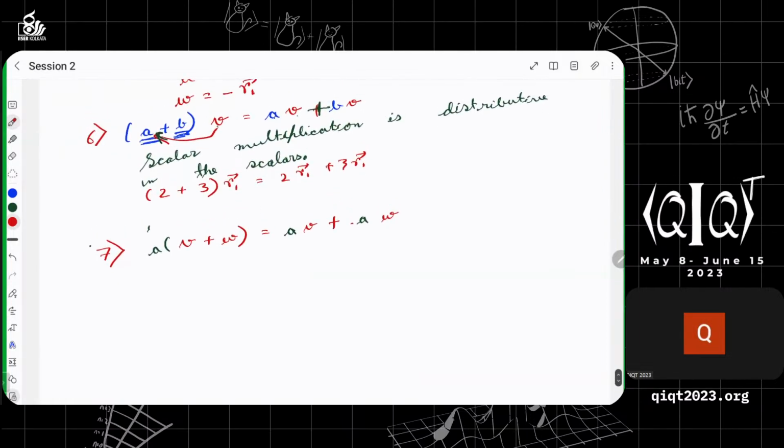And here, this means that scalar multiplication is distributive in the vectors.